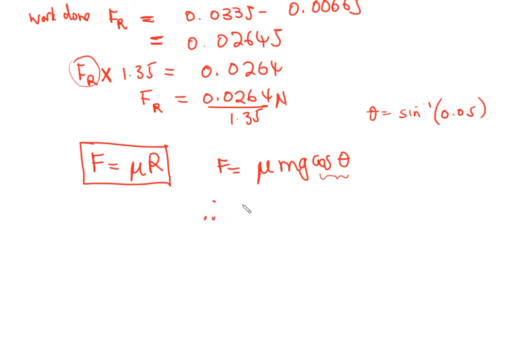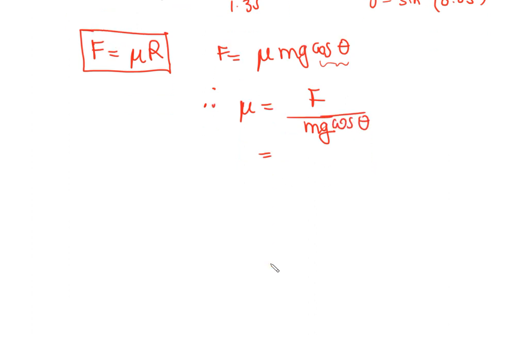Therefore, for our frictional force that we have calculated here, mu is equal to F divided by mg cos theta. If you want to be accurate, you calculate your cos theta. So this is going to be equal to 0.0264 divided by m, which is our mg, so 1.35 times 0.01 times 9.8.